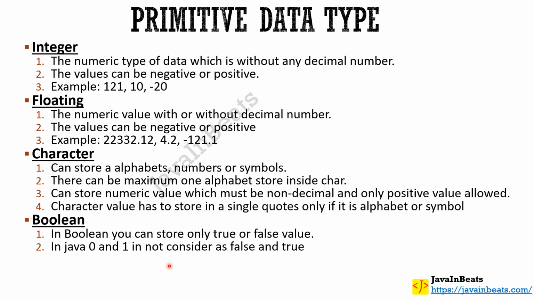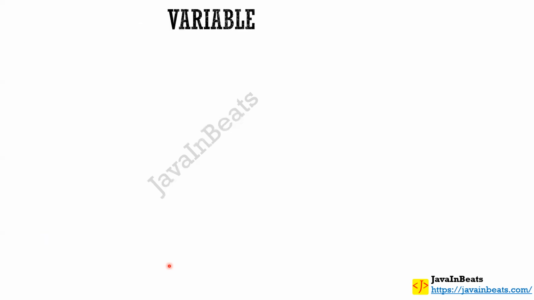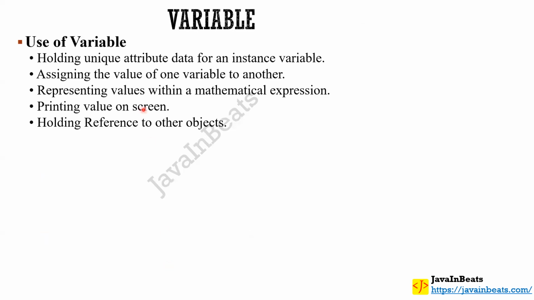As we discussed, data types are used to create variables. And if you want to store values inside your program or your code, then you have to create variables. So let's discuss variable as well. Variables are used to hold an attribute of data for an instance variable, assigning the value of one variable to another, representing values within a mathematical expression.